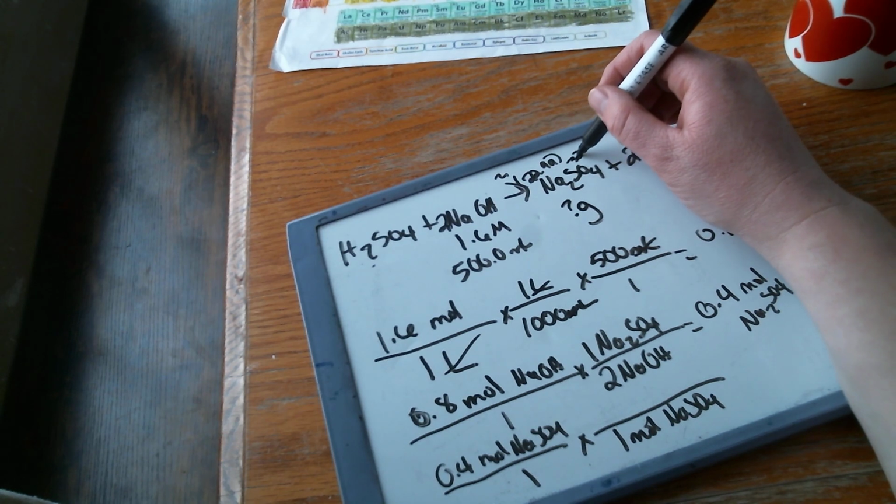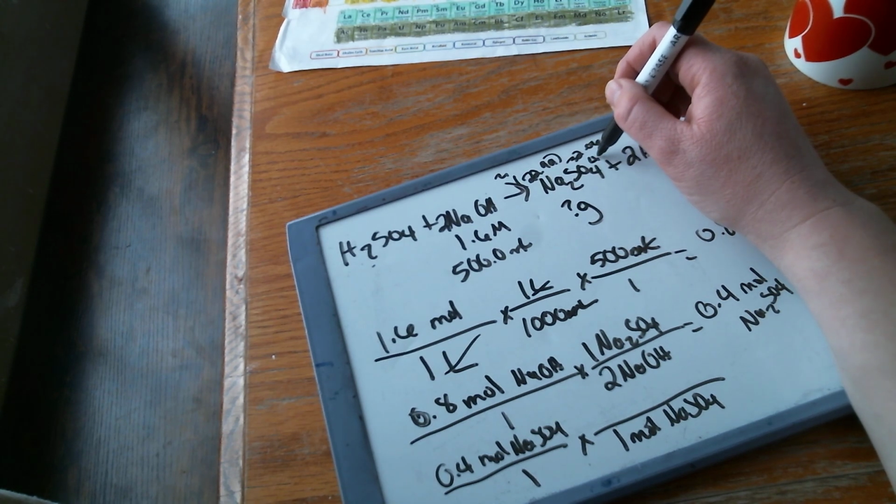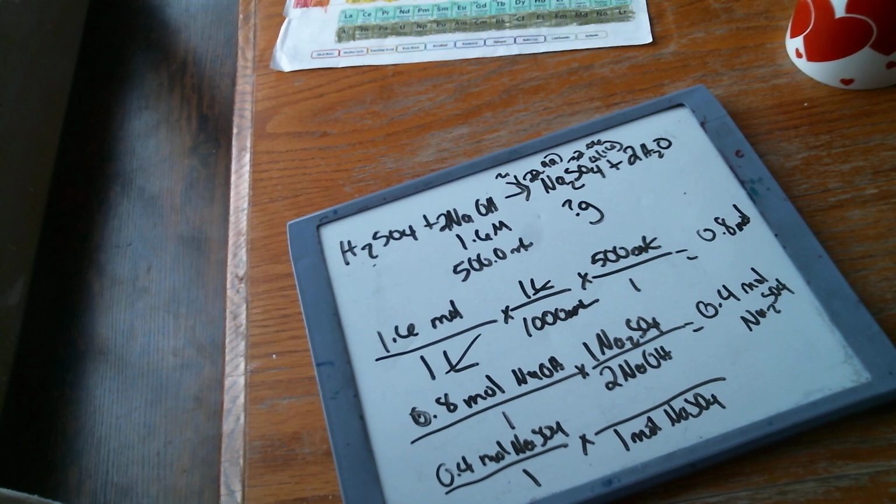So 22.99 times 2, plus 32.06, and then we're going to take 16 times 4 plus our answer.